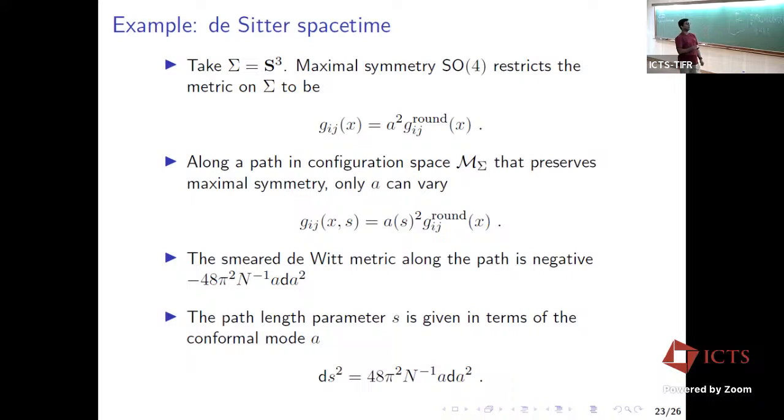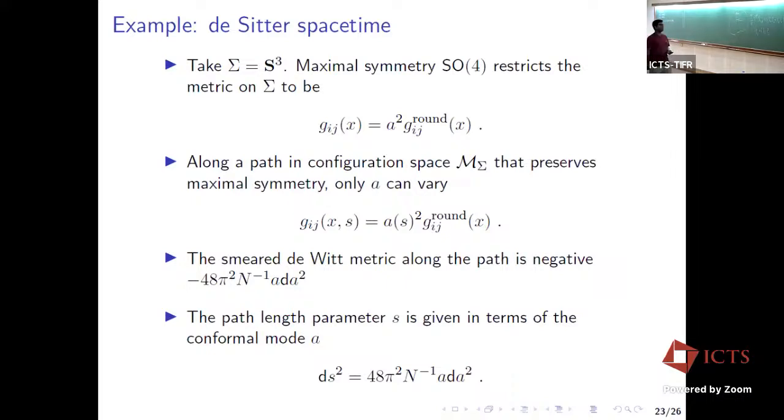The smeared DeWitt metric along the path is negative because this is essentially the conformal mode of the metric. The integral along sigma is trivial because nothing depends on the angles of S3, and you just get some measure factor, the volume of S3. And this is it. The path length parameter is the absolute value of this, and it's given in terms of this conformal mode to be this.